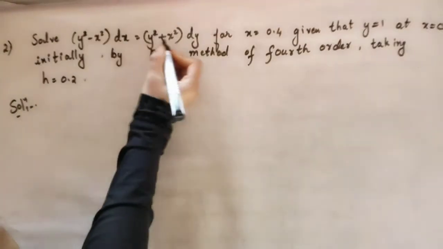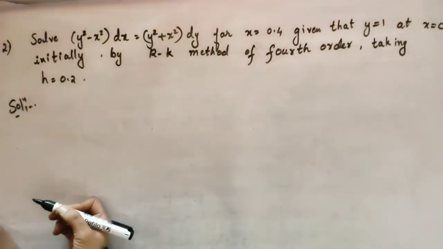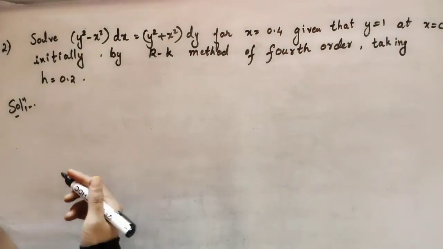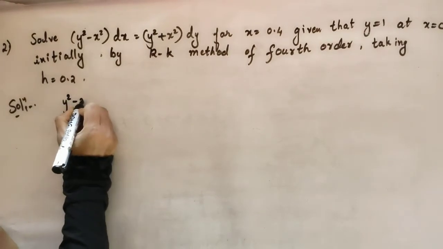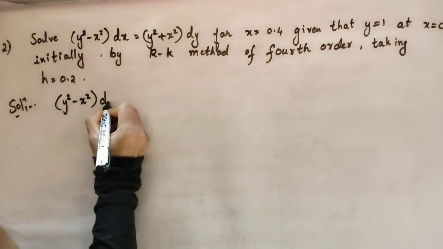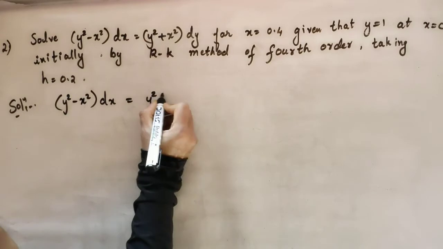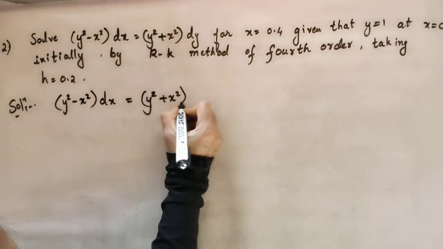First of all, let us define our dy by dx from here so that we get our f of x, y separately. Now the given differential equation is (y square minus x square) dx is equal to (y square plus x square) dy.